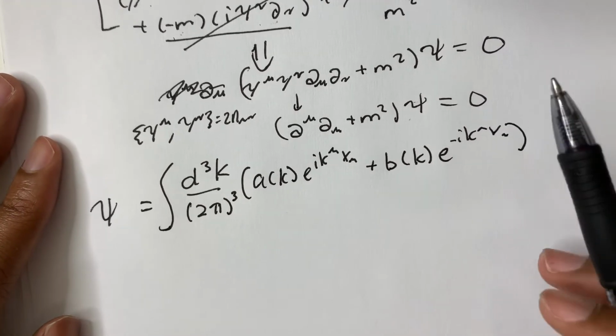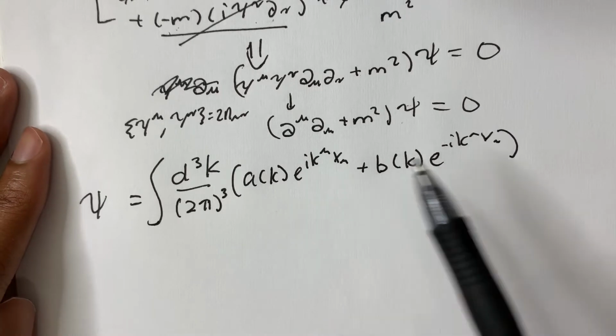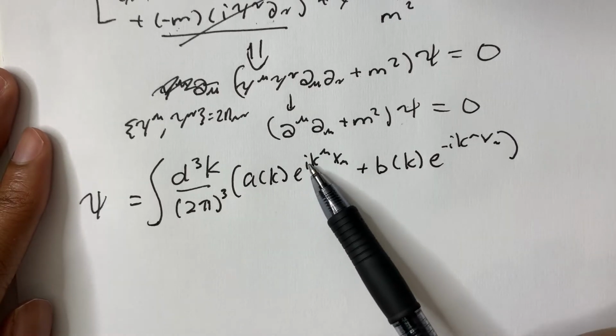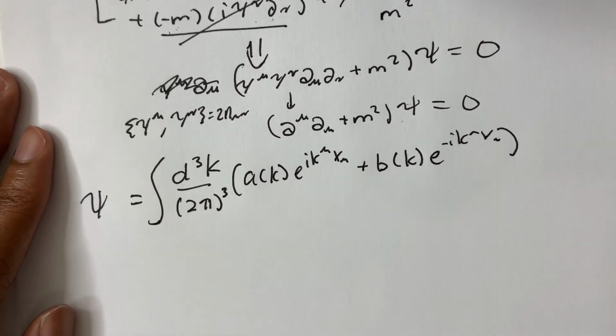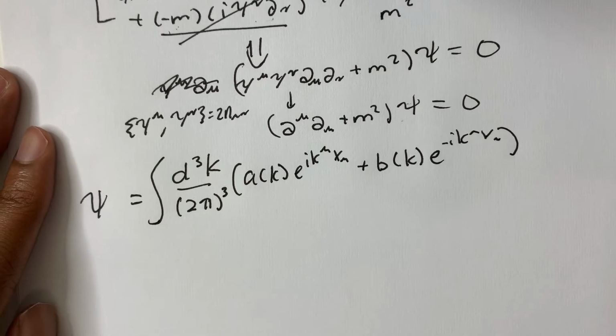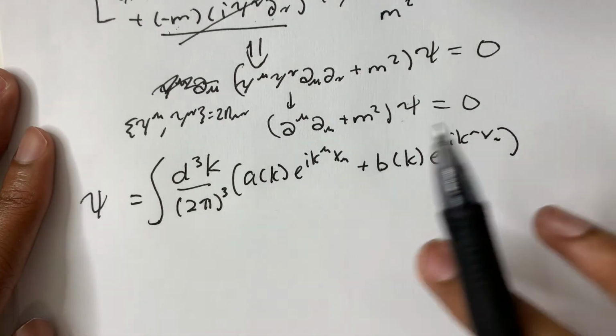We notice immediately that it's just a superposition of these plane waves, e^(i k_μ x^μ) and e^(−i k_μ x^μ). I'm not sure this is the exact word-for-word general solution, I have to double check, but it looks something like this.